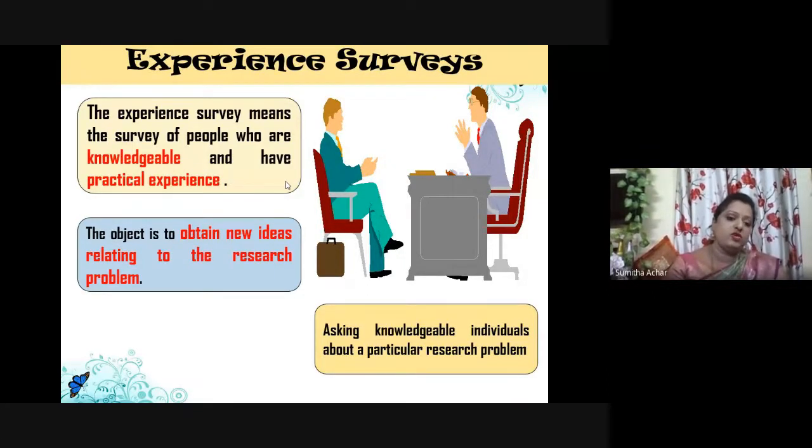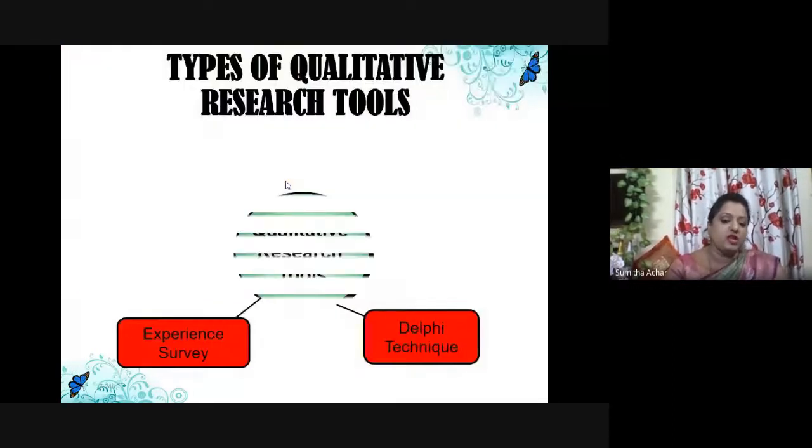What we normally do is go to the person who has already worked in that area, whom you consider knowledgeable, who really has practical experience, and collect the data. So this is simply an experience survey. Now understand, these are all your exploratory research method techniques, which can also be called qualitative research tools.